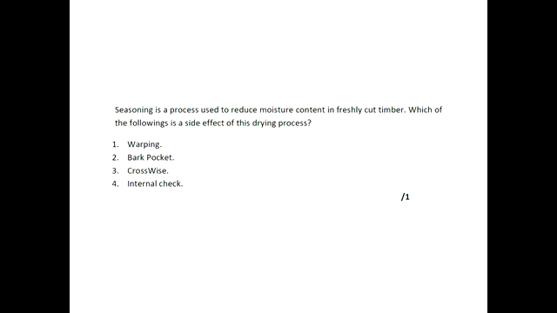Not a defect in general, not an irregularity in general. It strictly depends on seasoning. So which one? Warping, bark pocket, crosswise, internal check. So which one of the four is a direct defect that depends on seasoning?